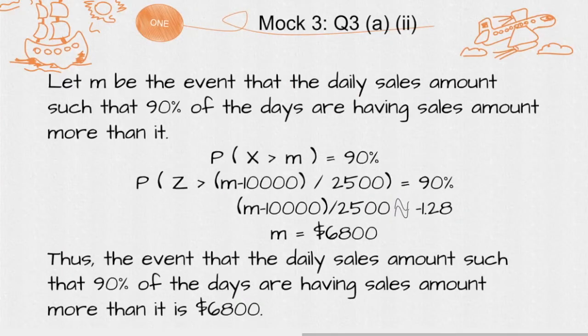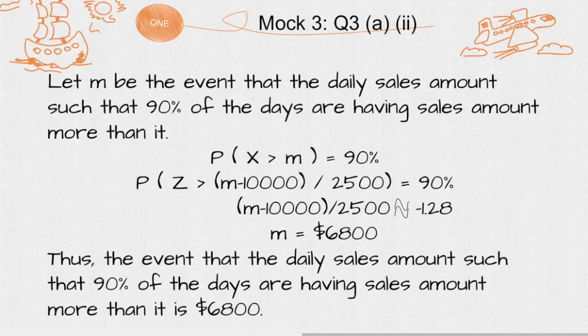This is the calculation. Let M be the daily sales amount such that 90% of the days have sales amount more than it. The required probability is X greater than M equals 90%.